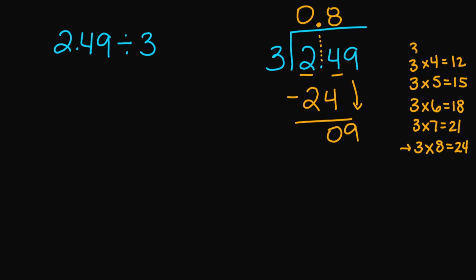And then if I have 3 times 3, this is going to give us 9. Perfect. That's exactly what we're looking for. So I'm going to write a 3 on top here because 3 times 3 does equal 9. Now we're going to subtract. 9 minus 9 is going to be 0. So your final answer is 0.83.